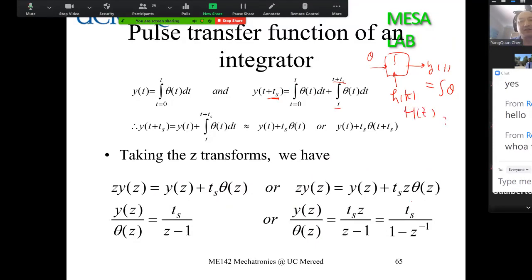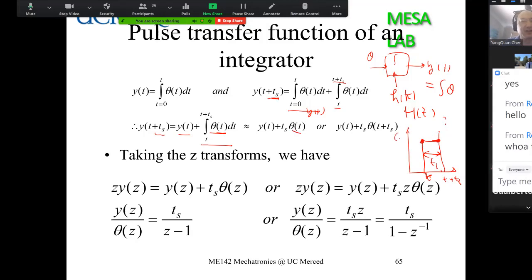So it turns out that we can derive it this way. So we treat y(t), y(k). I will assume that Ts is so small that theta is constant. So this is k, this is t plus Ts. Ts is so small that these two are approximately the same as theta(t).